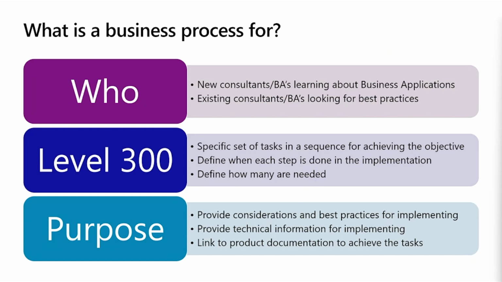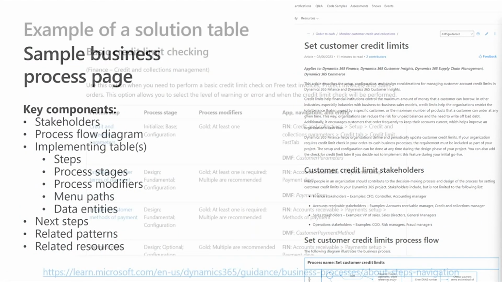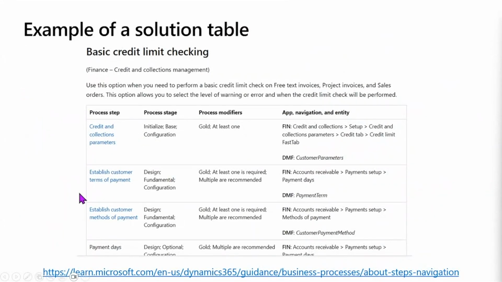The purpose of these articles is to provide considerations and best practices for implementing, providing technical information for implementing, and linking to product documentation to help you achieve the tasks that are required for that. And so here we have a sample business process page. But what I want to do is zoom in a little bit on an example of a solution table.